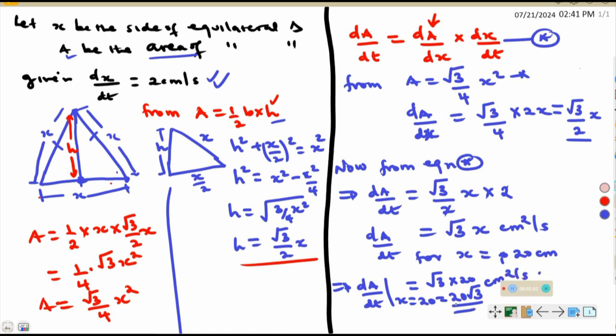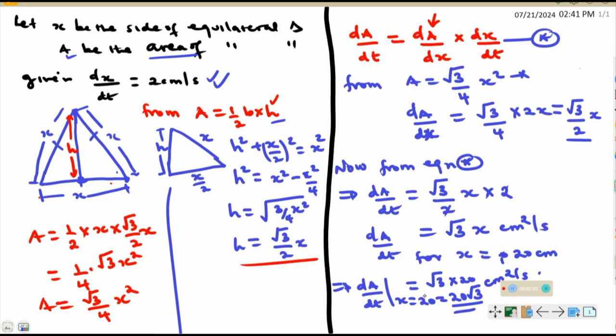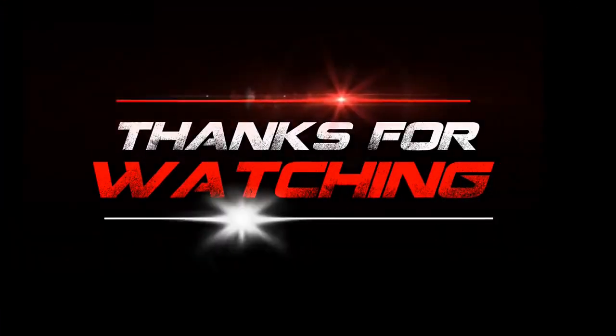So that will be the rate at which the area is increasing when the side of the triangle is 20 centimeters.